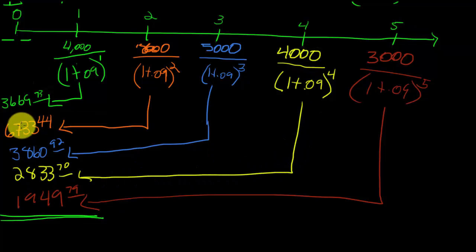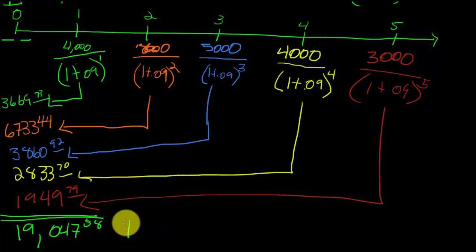So now every single one of these cash flows, 4,000, 8,000, 5,000, 4,000, 3,000, has been discounted to time period 0. These are all at the value of their future cash flows in the present, hence the present value. And when I add them all up, they become 19,000.4758.